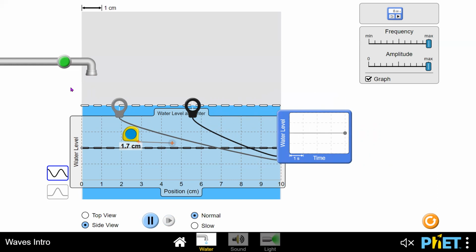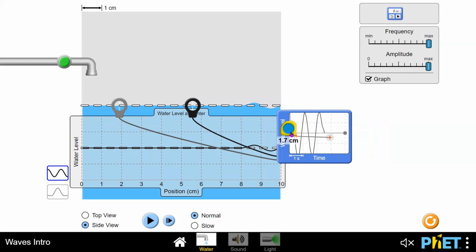Okay, let it go, and then generate one wave. So to measure the wavelength, I have this one. What is wavelength?